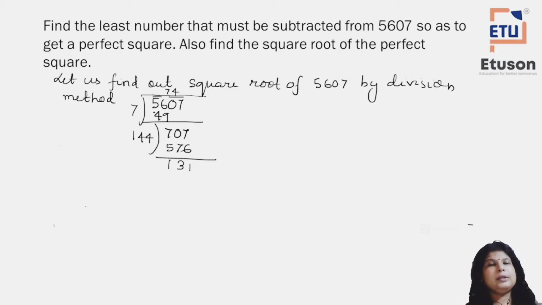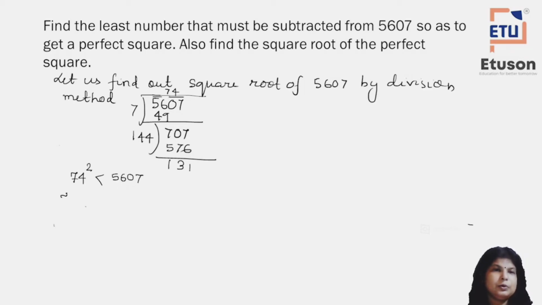So to get the perfect square, you have to subtract the remainder which you have obtained here. So we can write down that 74 square is definitely less than 5607.